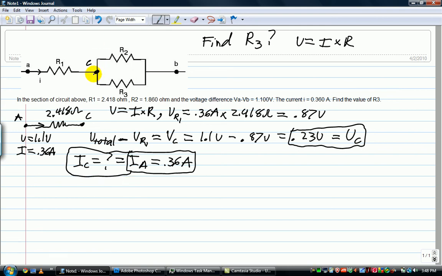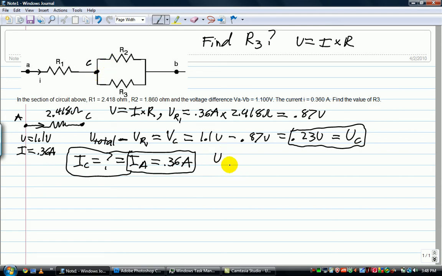So now we have a current and a voltage at C. Now we need to find R3. At this point, the only thing we really know is the voltage across R3. Because if you look at these two resistors, they are in parallel. So the only thing we can conclude for sure is that the voltage across them is the same.